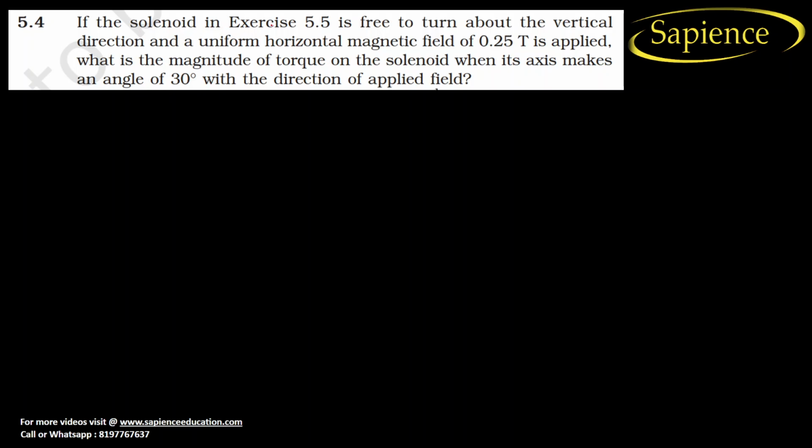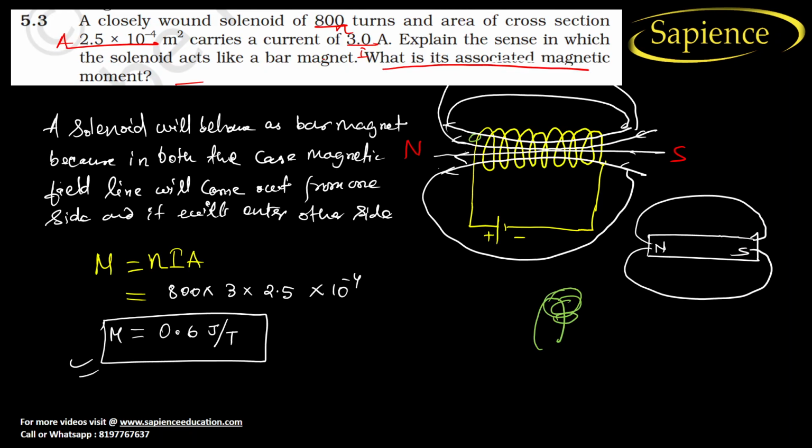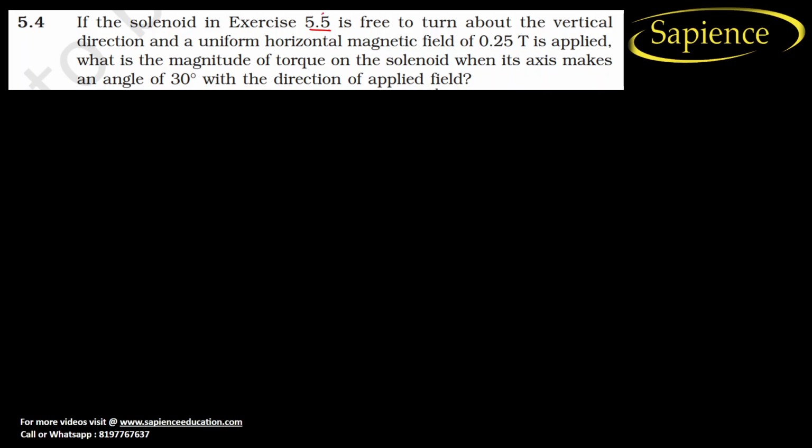If the solenoid in exercise 5.3, the previous solenoid we are talking about, not 5.5, it is a printing mistake, is free to turn about the vertical direction in a uniform horizontal magnetic field of 0.25 Tesla, what is the magnitude of the torque on the solenoid when its axis makes an angle of 30 degree with the direction of the applied field?